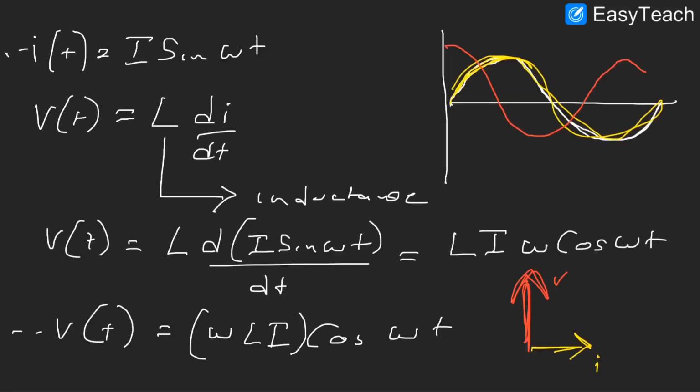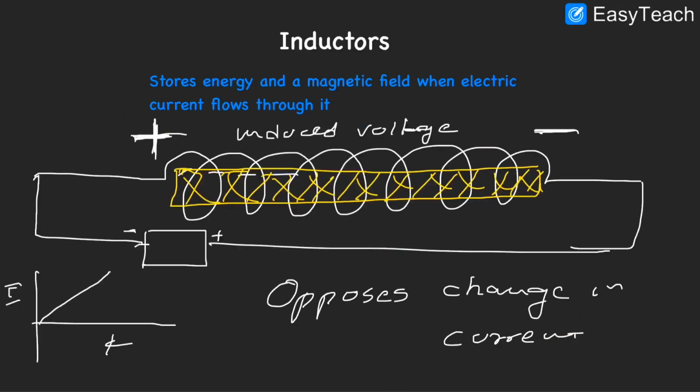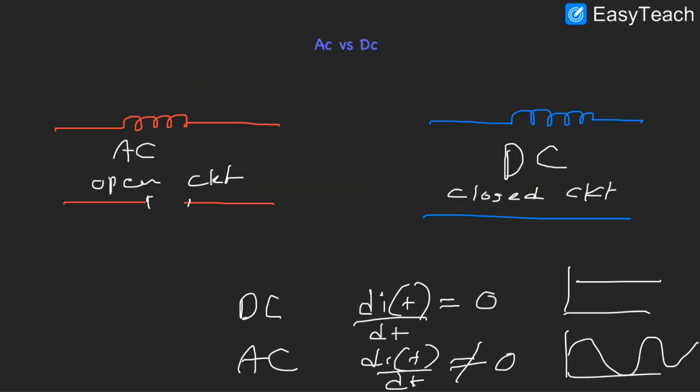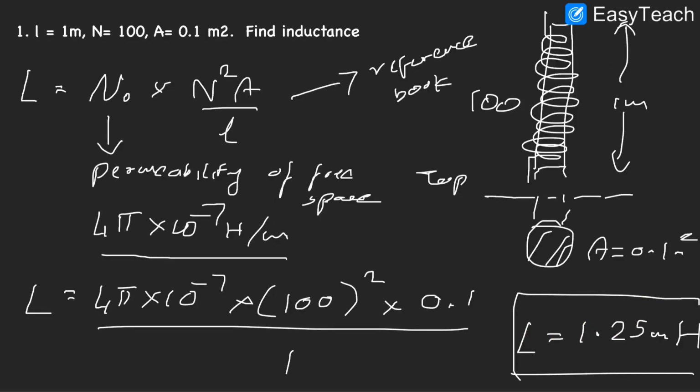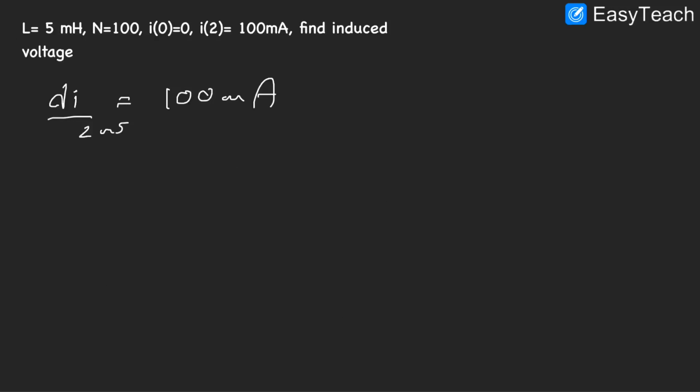So the inductor is going to have, when the current flowing through it changes, an induced voltage. And we're being asked to find what is that induced voltage. And if you look at this formula, this formula relates the induced voltage to the change of current. And that is what we're going to use now. So we got our change of current as 100 milliamperes, and we got our inductance, we got our number of turns, and we have to find the induced voltage.